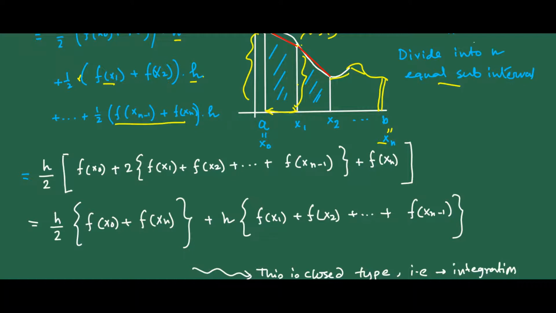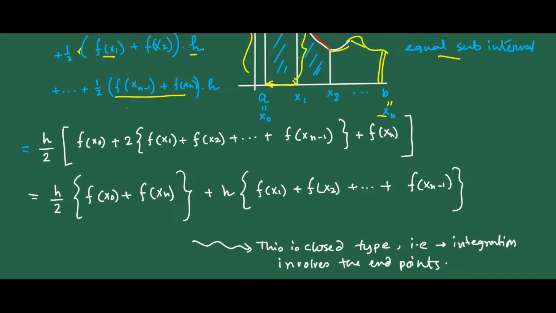I'm just giving a brief primer, that's why I'm skipping many parts. It becomes h over 2 times the first value and last value, that means this is basically a, and xn is basically b, and the rest of the values are the intermediate values.